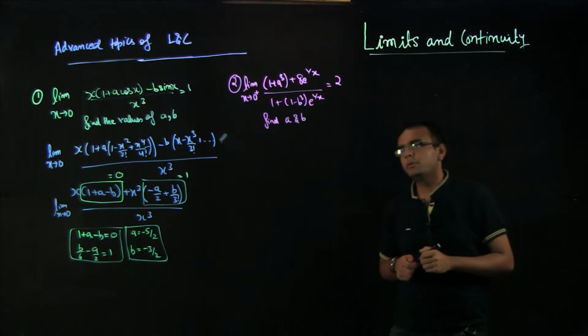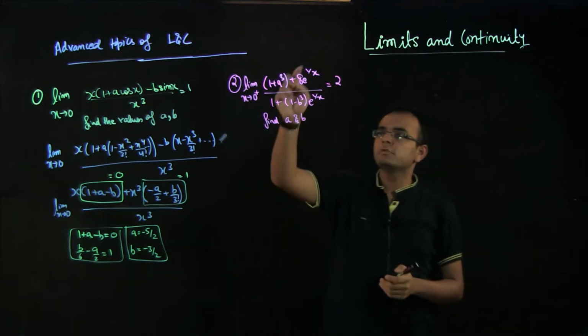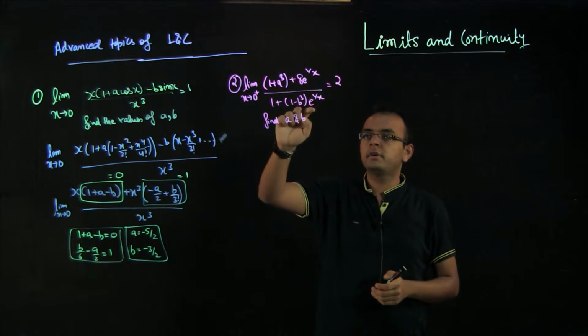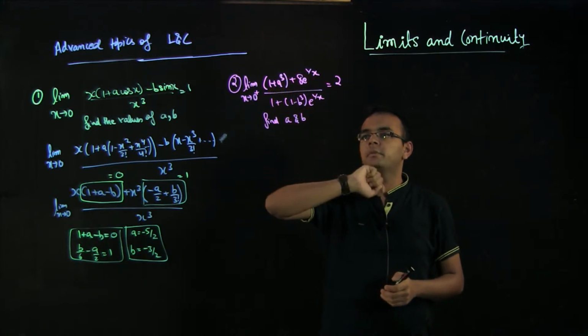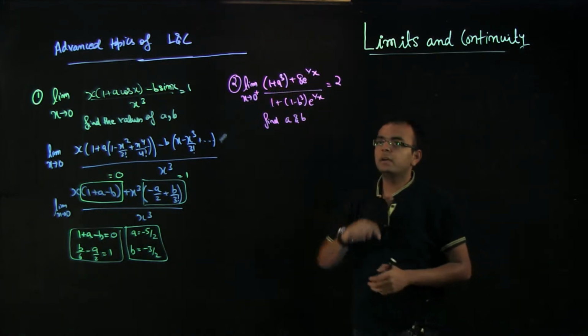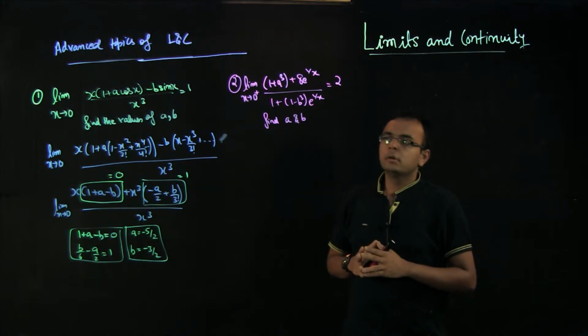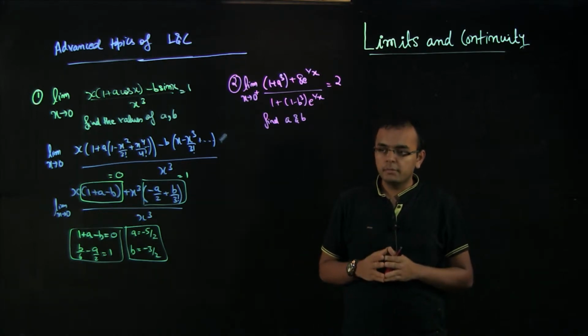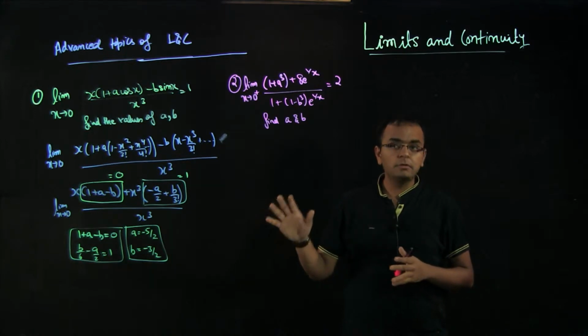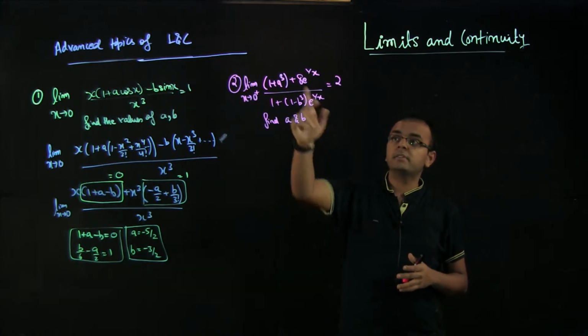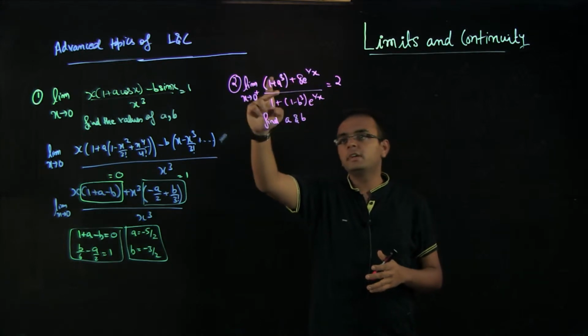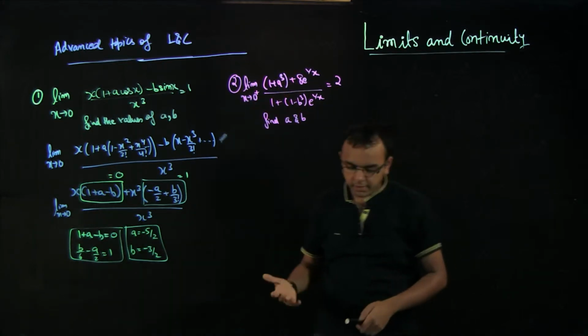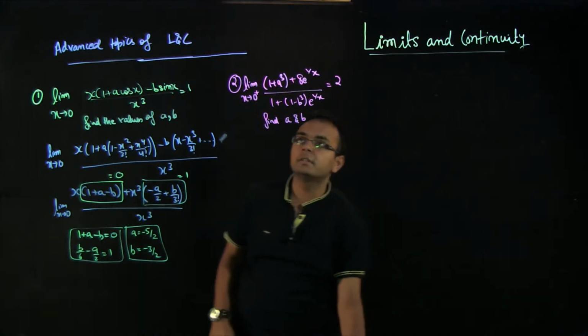What do we do? When we directly put x equal to 0 positive, this term goes to infinity because it is e raised to power of infinity, so it becomes an infinity by infinity problem. And we have been told that the limit is actually 2. So how do we approach this problem? We have discussed in previous videos that whenever you see infinity by infinity types and something is causing infinity, you basically divide by that term and make the other terms go away.